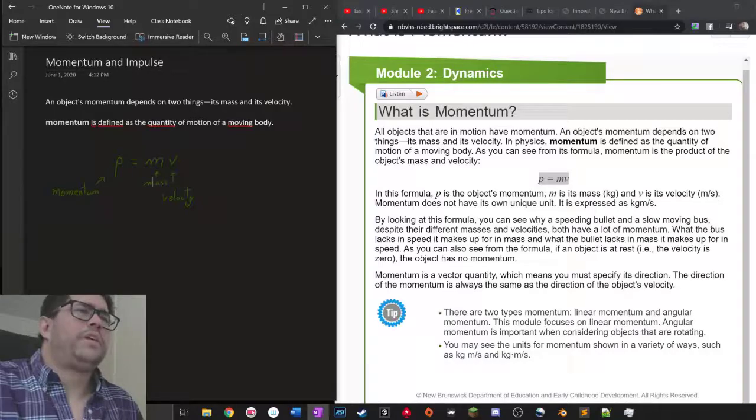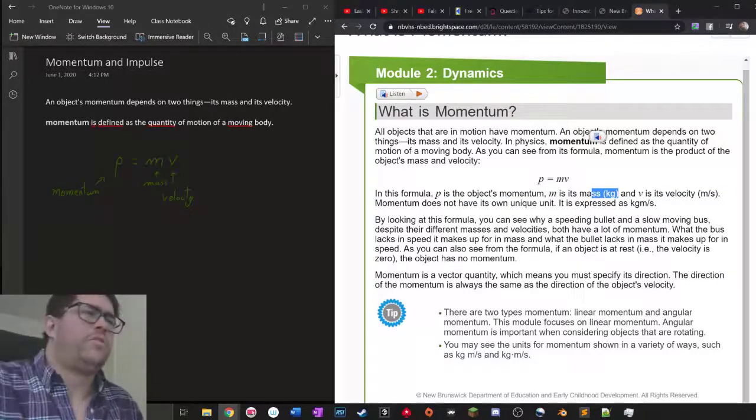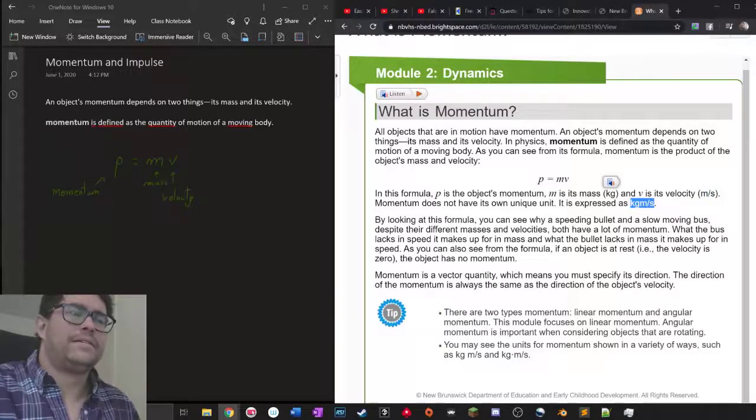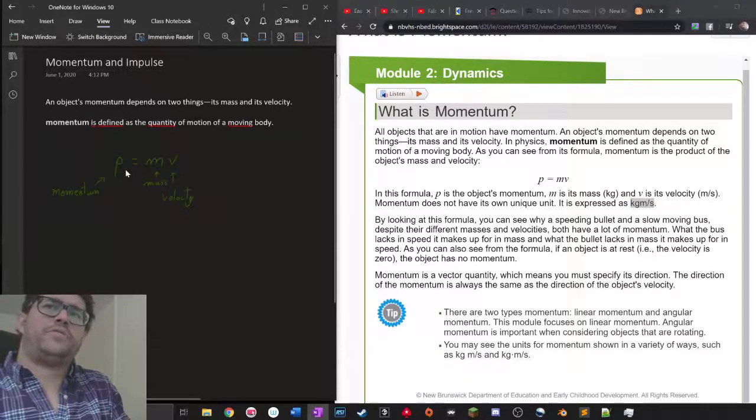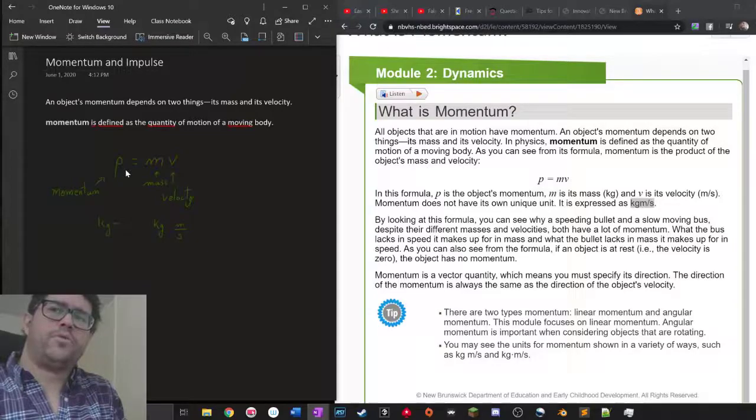If you look at the units, they are going to be a little odd too. The units are kilogram times meter, divided by seconds. So the units are kilogram meter per second. What I do is I always put a little bracket here and write it down. Kilogram meters per second.